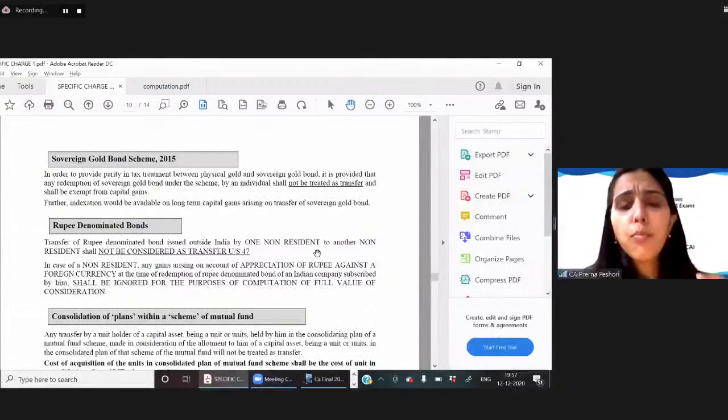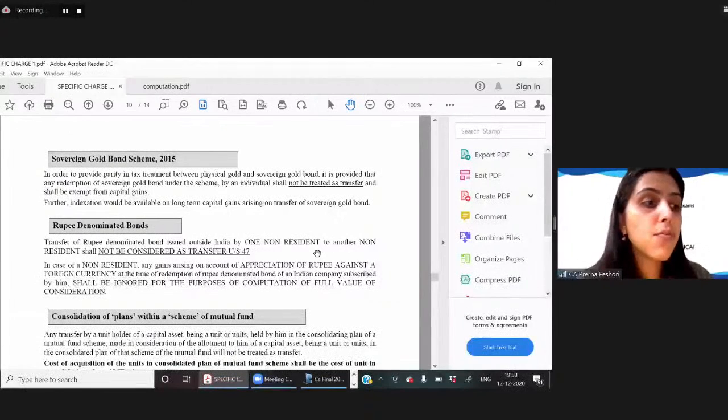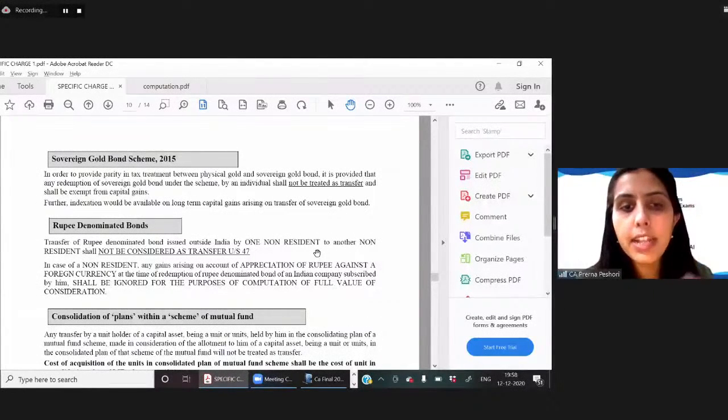If it is issued outside India by one non-resident to another non-resident, the transfer is happening, then in that case it will not be considered as transfer under section 47. Clear?